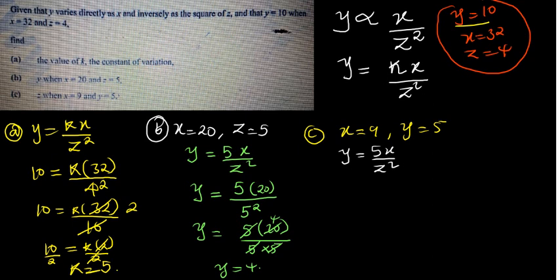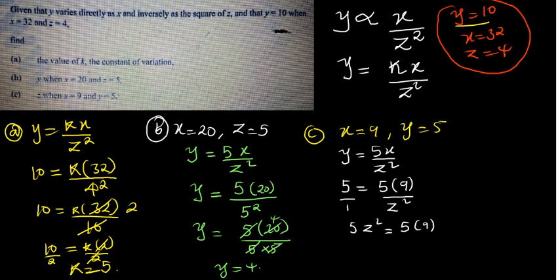Where there is y, we are going to put 5, and then we have 5 multiplied by, where there is x, we put 9, divided by z squared. We are also going to say the 5 is over 1. We are going to cross multiply, so 5 multiplied by z squared is 5z squared, and that is equal to 5 times 9.